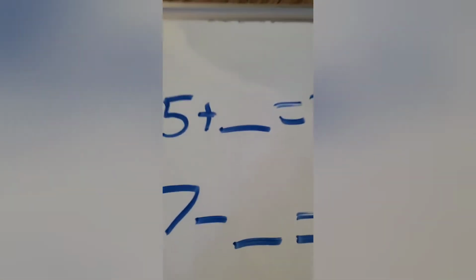All right. Here's my first one. It is 5 plus blank equals 7. What is that missing number? What could you do to find this missing number right here? We could go through some facts, right? We could look at the fact family to see if we can solve it. We can subtract 7 minus 5 because remember, with addition, the sum is the whole, and the 2 addends are the parts.